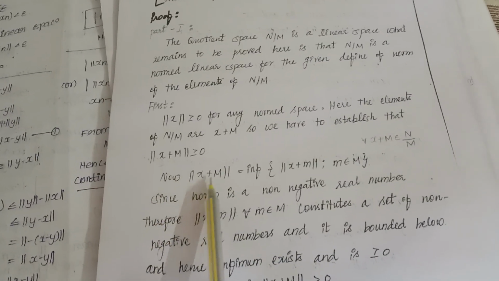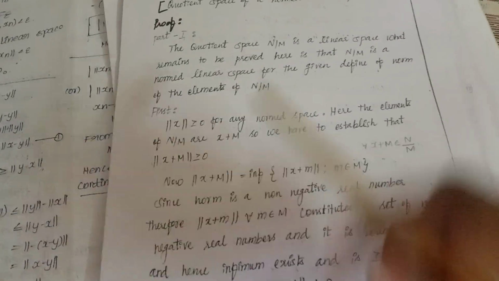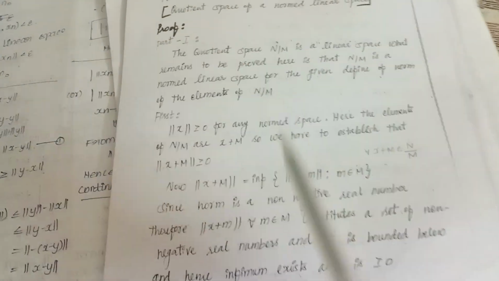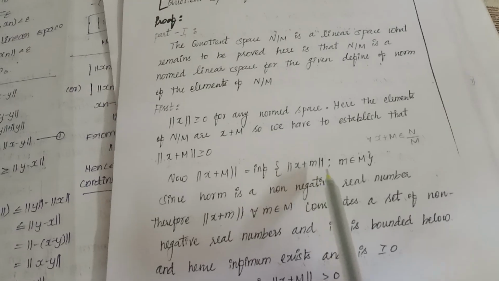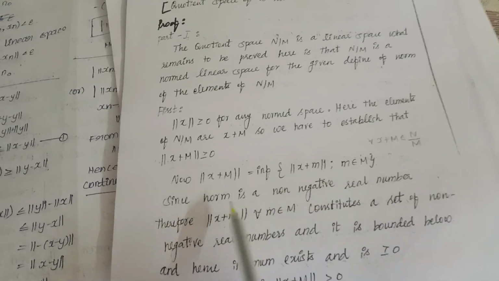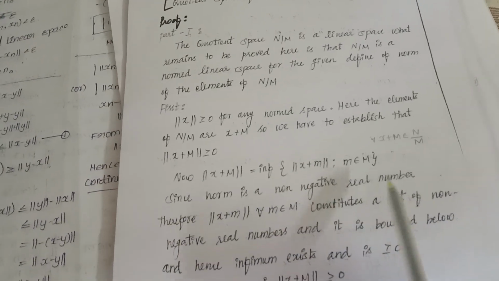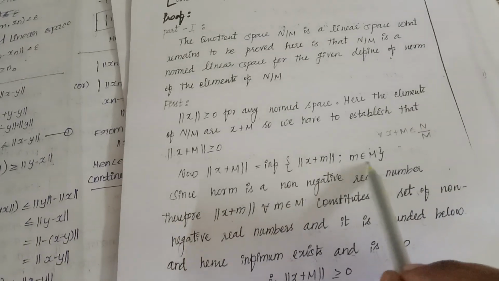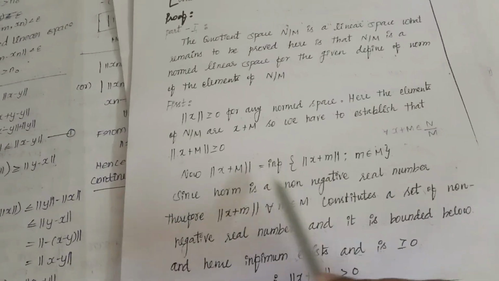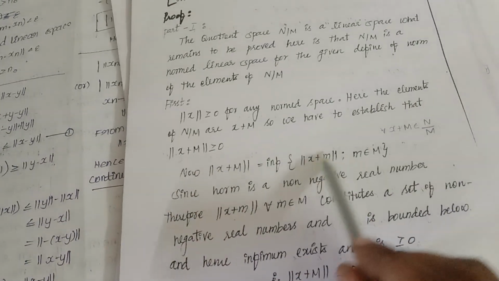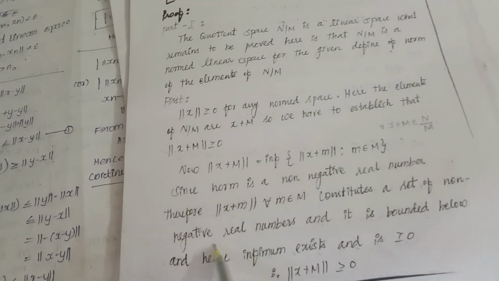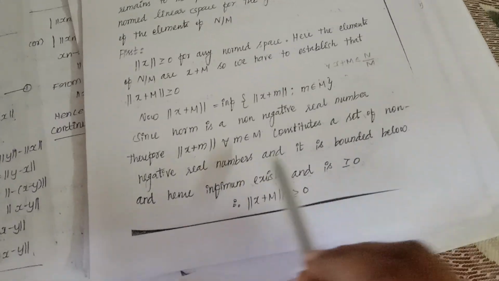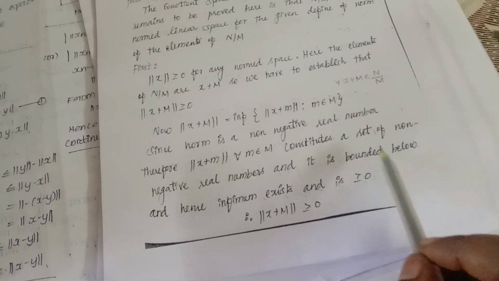Now, norm of x + M equals, by the given definition, the infimum of norm of (x + m), m belongs to M. Since the norm is non-negative, the norm of x + m for all m belongs to M constitutes a set of non-negative real numbers, and it is bounded below.